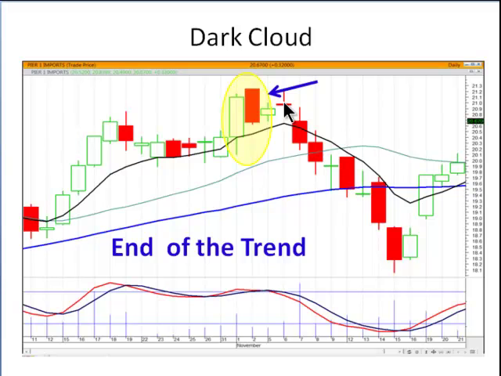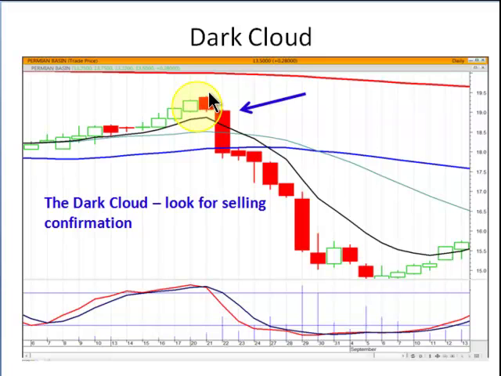Doji tells you any buying after that was indecisive. The gap down through the T-line tells you this is what's going to happen after this signal. A dark cloud followed by a lower open is pretty much evidence immediately that the sellers are starting to take control. So as soon as you see a dark cloud, start looking for evidence of that sell signal. It may be the next day with a lower open and starting to trade lower.